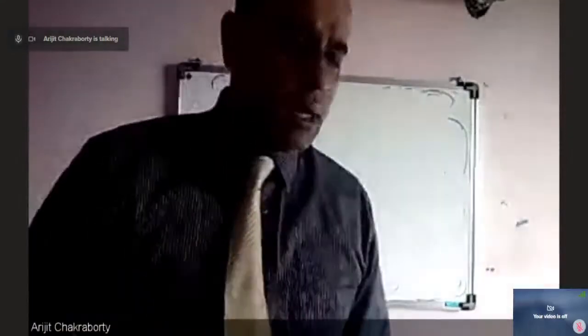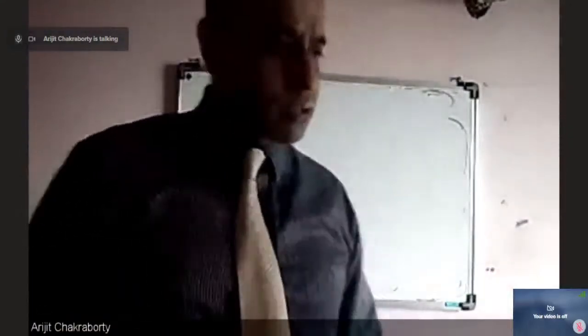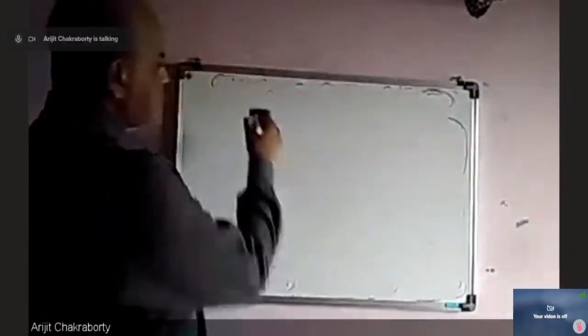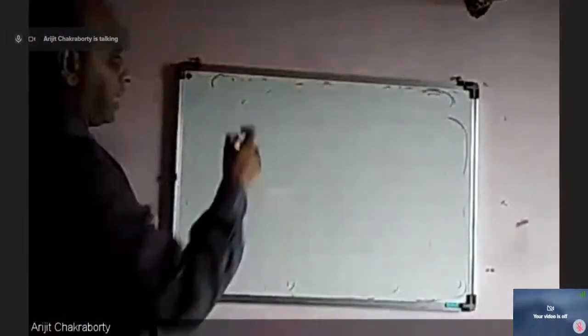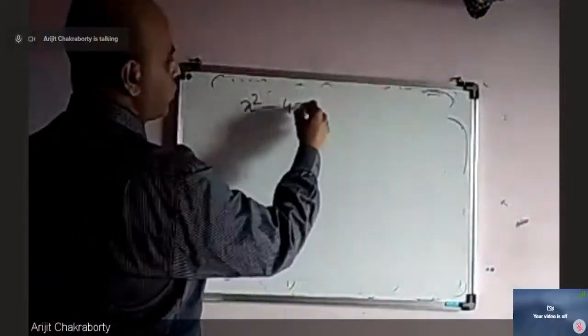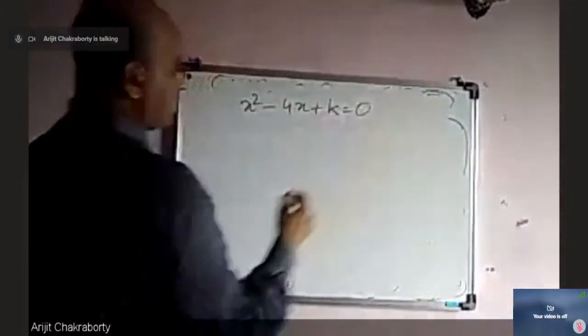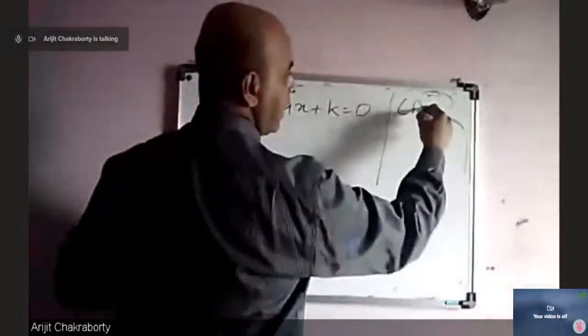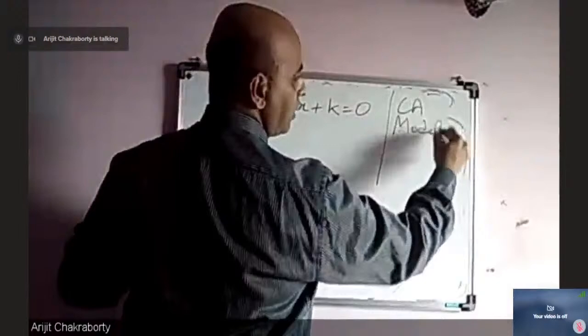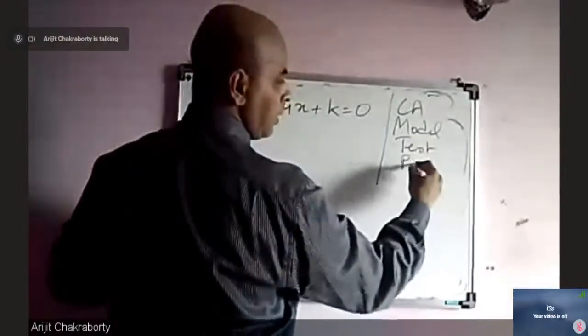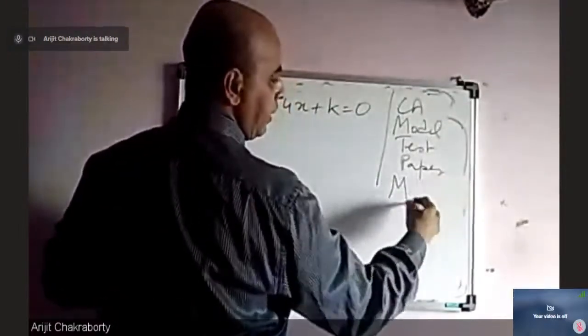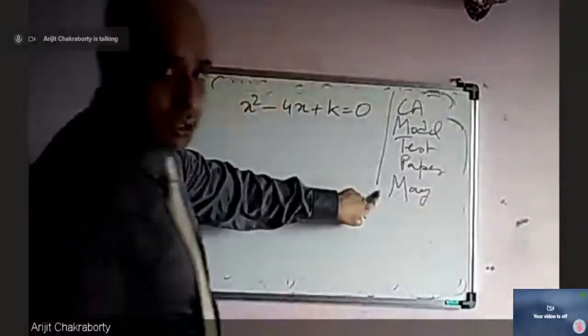Okay. CA Foundation Model Test Paper, May 2020. Question. There is a quadratic equation given, x square minus 4x plus k equal to 0. Please note this is CA Model Test Paper, May 2020.